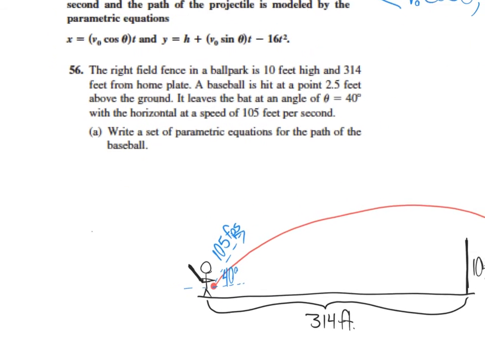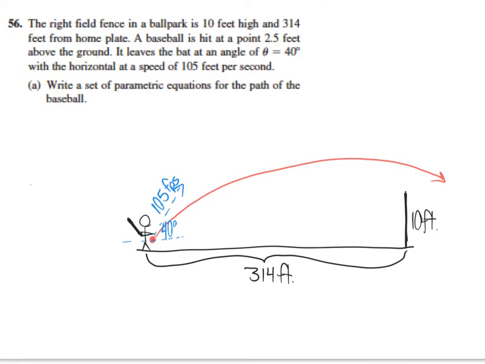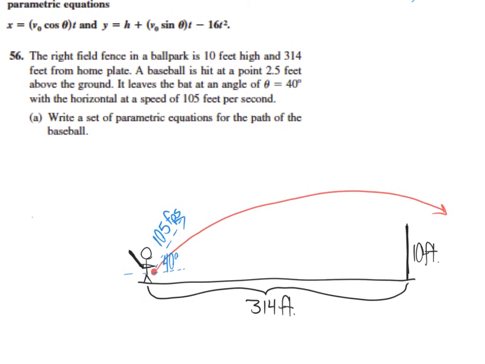There's the picture that we're dealing with. So using these parametric equations, take a moment and try to write a set of parametric equations for the path of the baseball.